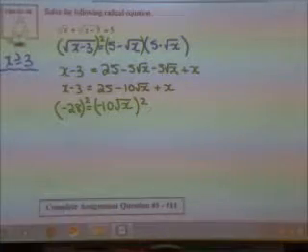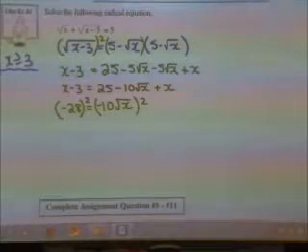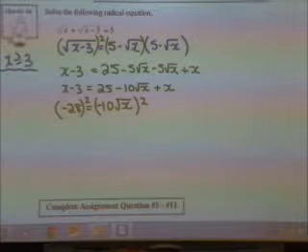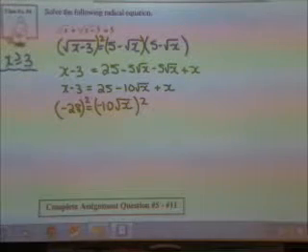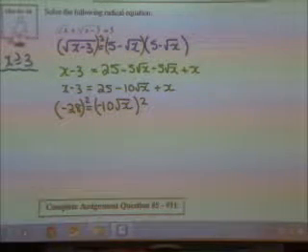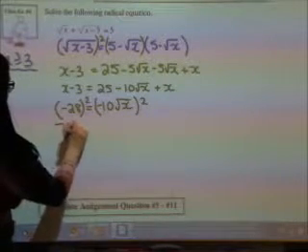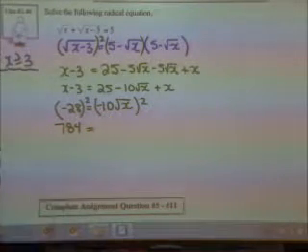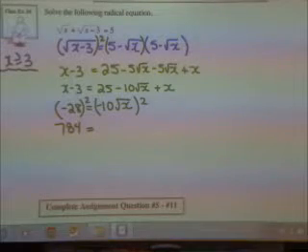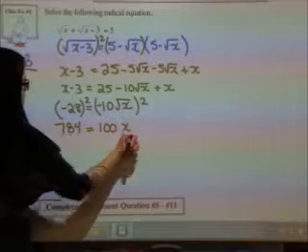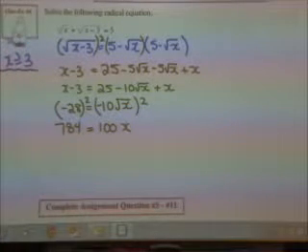If I take negative 28 and I square it, what would I get? If I take negative 10 and square it, so now I have 100x.